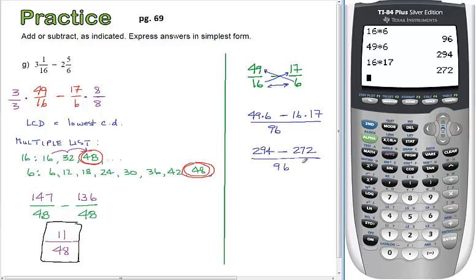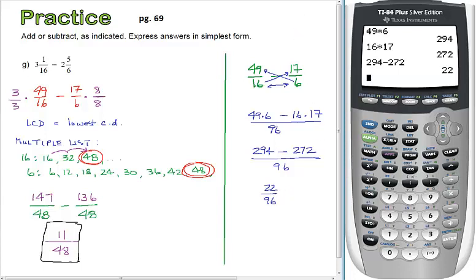Now the only thing about this method, numbers are often much larger to deal with because we didn't use the least common denominator. But it still works. 294 subtract 272 leaves us with 22, and then 22 over 96.